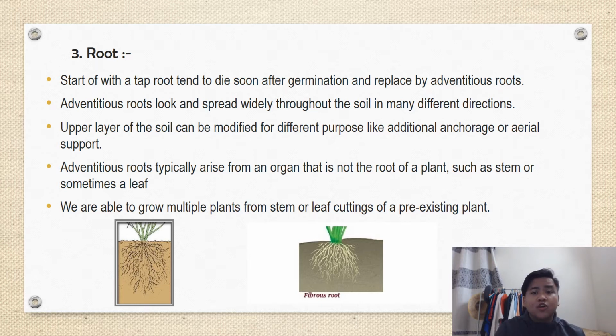They tend to occupy the upper layer of soil and can be modified for different purposes, like additional anchorage or aerial support. Because adventitious roots typically arise from an organ that is not the root of a plant, such as the stem or sometimes a leaf, we are able to grow multiple plants from stem or leaf cuttings of a pre-existing plant.